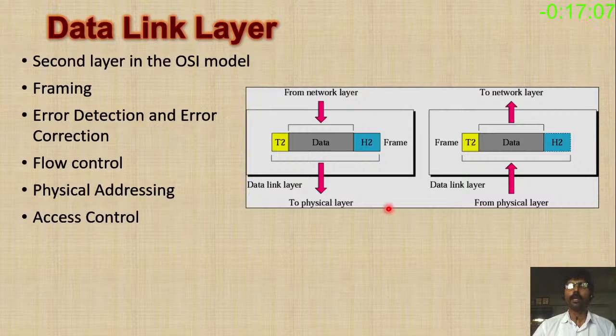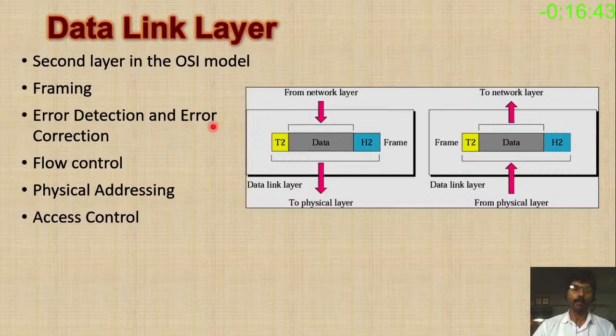Whenever you are connecting a computer in a network, the same link is shared by many computers. Then this data link layer decides which device has to transmit in the physical medium. That is, access control is also done by data link layer.